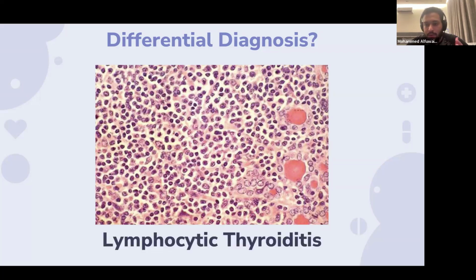Lymphocytic thyroiditis or subacute lymphocytic thyroiditis. It's very similar to Hashimoto. The difference between this and Hashimoto thyroiditis is this one will not have Hürthle cells. You have lymphocytic infiltration and so on, but no Hürthle cells. These things over here, by the way, are the follicles. They're very small in this case because of the inflammation that's happening in the thyroid. And this is very self-limiting, it'll go away.